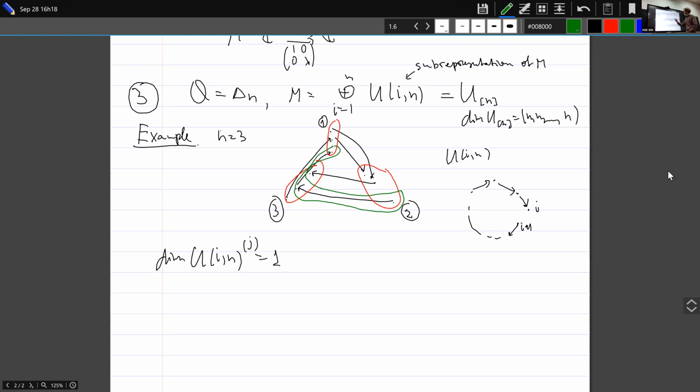This green is U_1. Why is it 1? You see this vertex 1, and this vertex 2, and this vertex 3. Oh, it's the one that ends in... Right, absolutely. So U_{i,n} ends at i. So you can see it here. Okay.